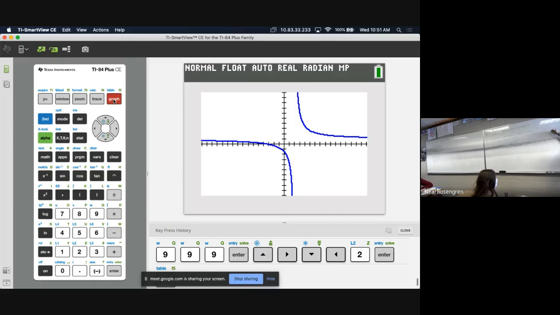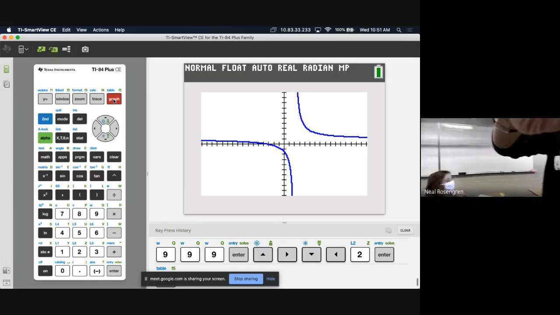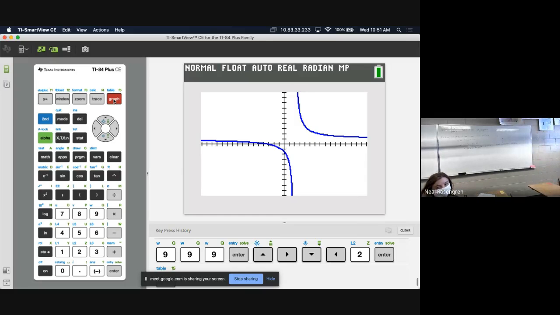So here's what's actually happening. Here's a better way for me to describe what a vertical asymptote is actually doing. As we approach whatever this number is, say x equals some constant, x equals c, whatever that number is, right?